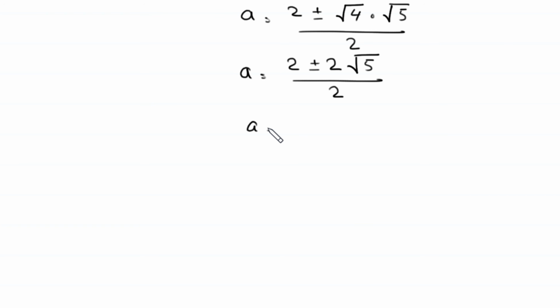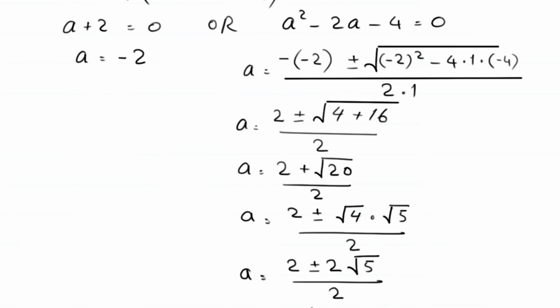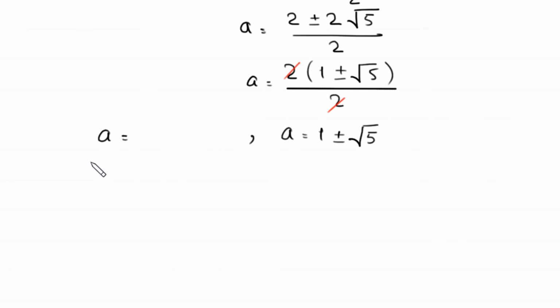Next, a is equal to, from the numerator we can factor out 2. 2 as common factor, in bracket left 1 plus minus root 5, divided by 2. Now this 2 will be cancelled out with this 2, and from here we get the value of a is equal to 1 plus minus root 5. And first we get the value of a is equal to negative 2.